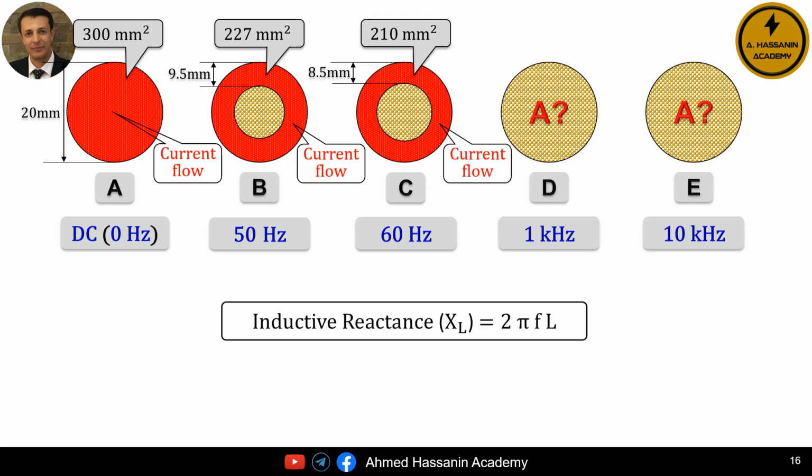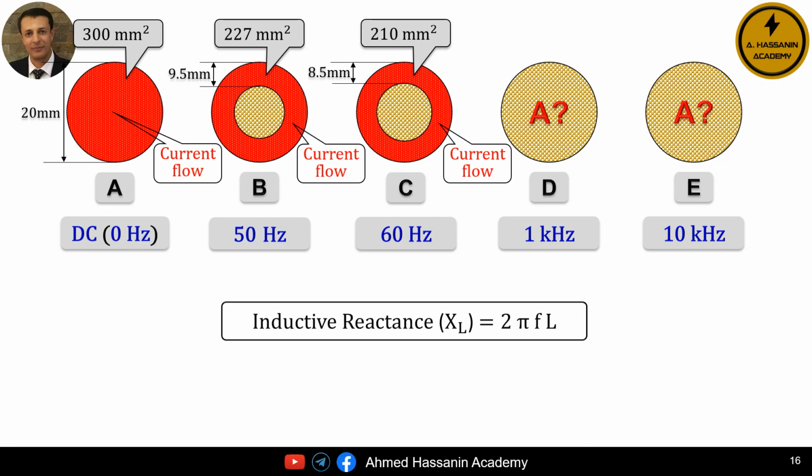Let us focus on this point because it is very, very important regarding conductor C. As we can see, conductor C is used in alternating current circuits with a frequency of 60 Hz. This means that the inductive reactance XL will increase to a value higher than the value at 50 Hz due to the increase in frequency. The slight increase in the value of XL will cause the alternating current to be pushed further toward the outer surface of the conductor, slightly more than in the case of 50 Hz.